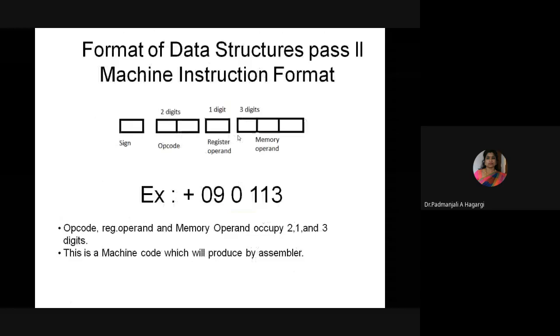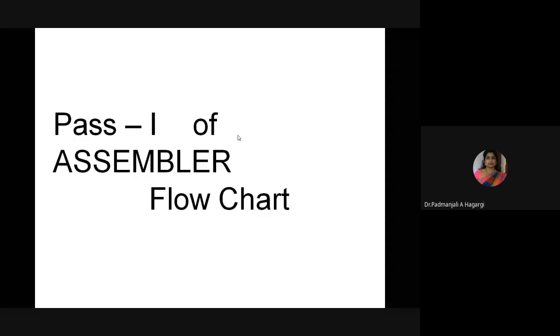So I may take a video lecture to differentiate between pass 1 and pass 2 and also the machine instruction format, which I have told you about in class also. I will show it using a video lecture separately.